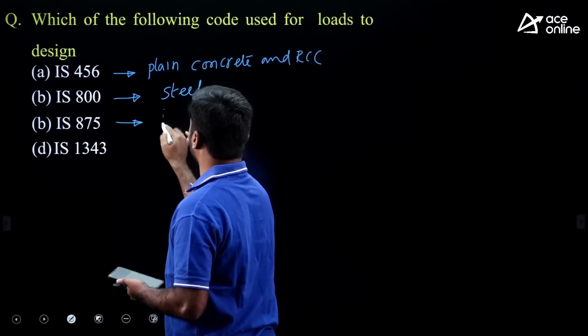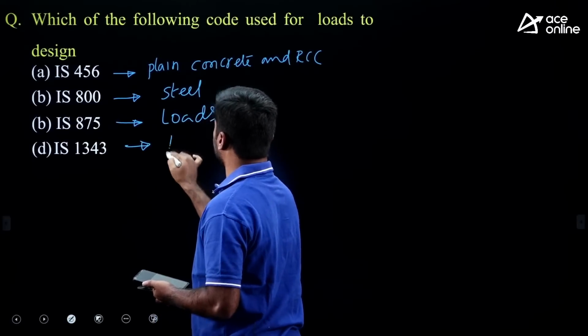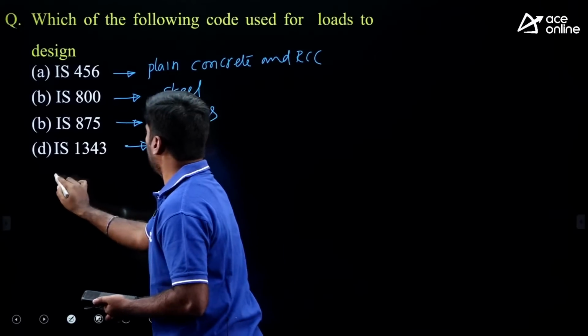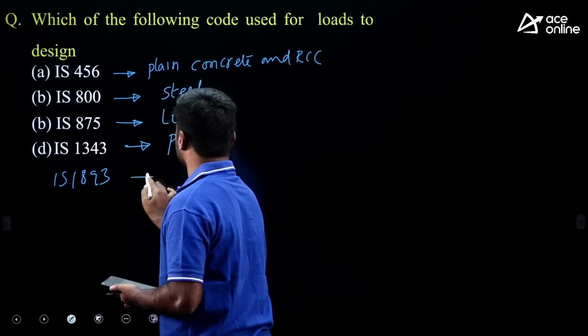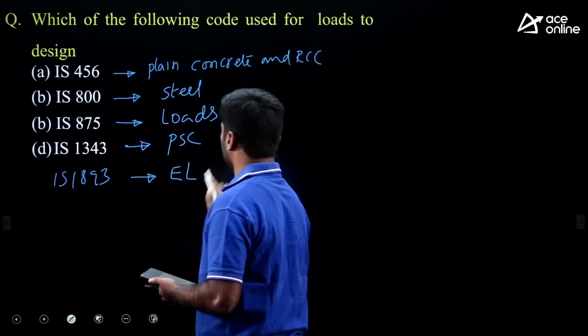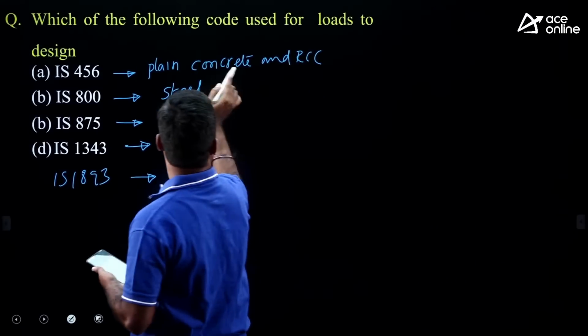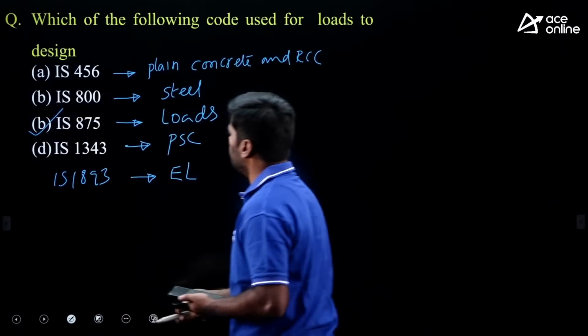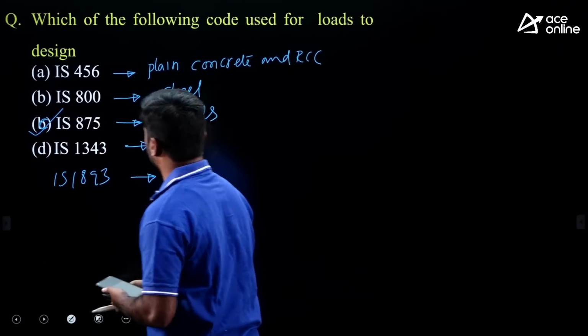IS 875 for loads. IS 1343, it is for pre-stressed concrete. IS 1893, it is for earthquake load. Any one code you will expect in exam. Here for loads, option C is correct.